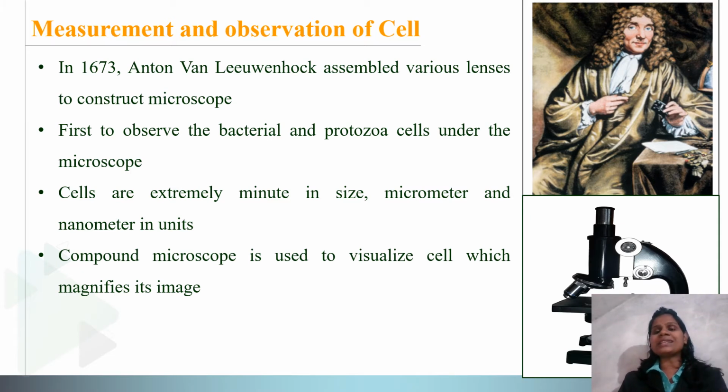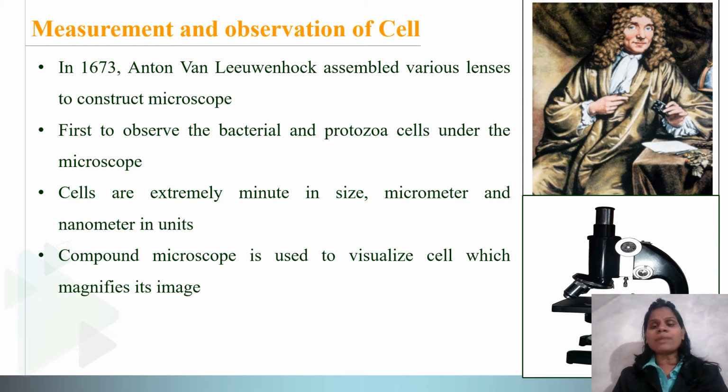So, this is an instrument which is used to visualize microorganisms. Microorganisms are also made up of cells. So, Antony van Leeuwenhoek was the first one who told the world that cells, the smallest unit of any living organism, he was the first to observe under the microscope.